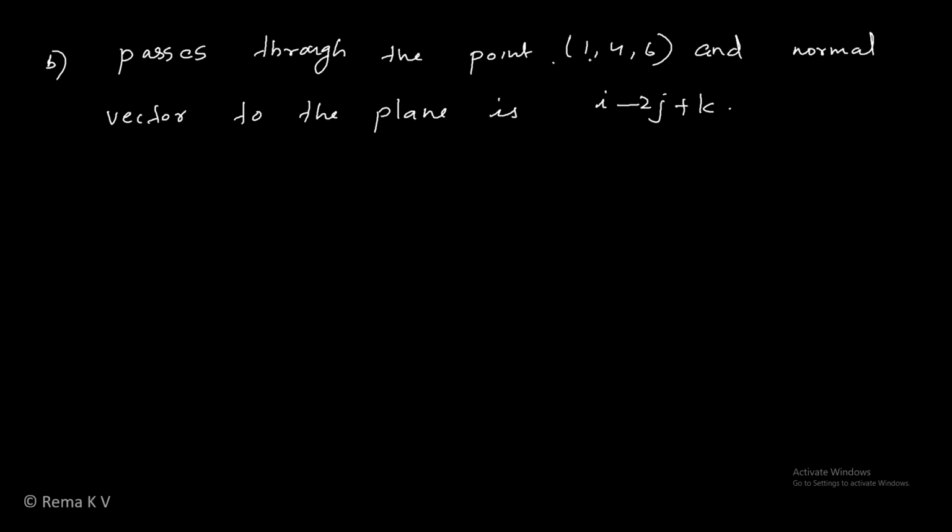Passes through the point 1, 4, 6 and the normal vector to the plane is i minus 2j plus k.